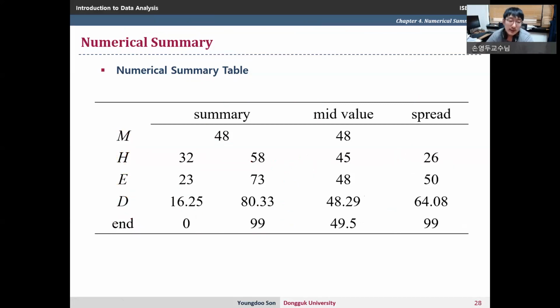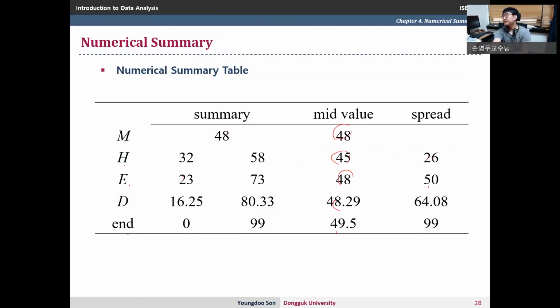So with our example, we can make the numerical summary table like this: median, hinges, E, D, and endpoints. Their mid values can be calculated like this, and their spread can be calculated like this.